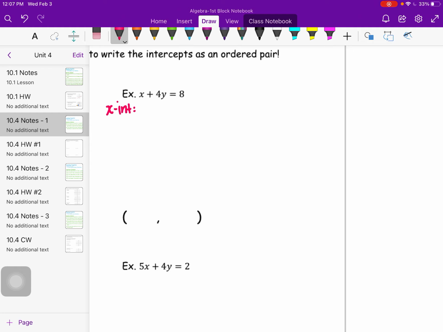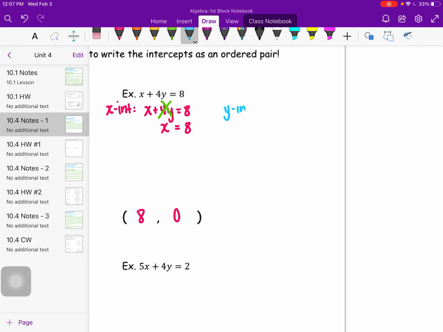I know for the x-intercept I'm putting 0 in for y. I start with my original equation, 0 goes in for y, so that goes away, and that means x equals 8. So my x-intercept, x is 8, and y is 0.